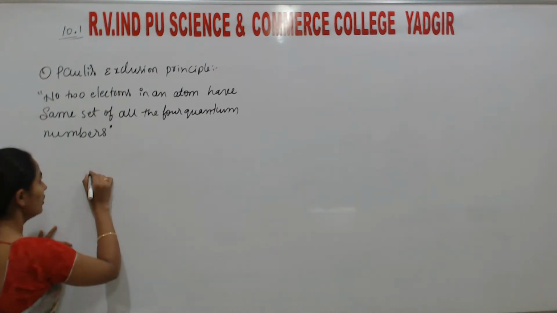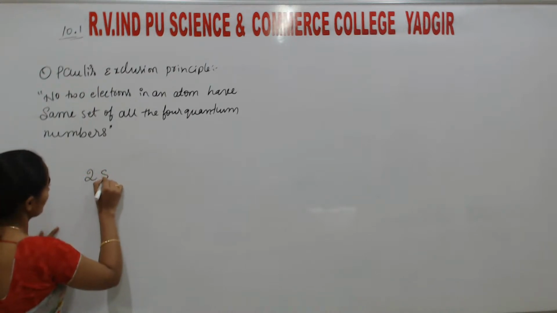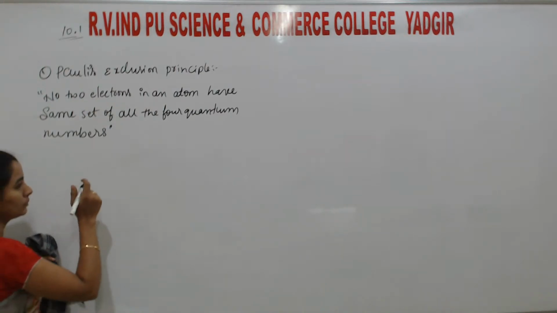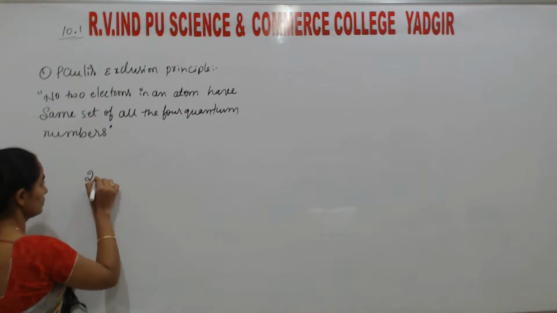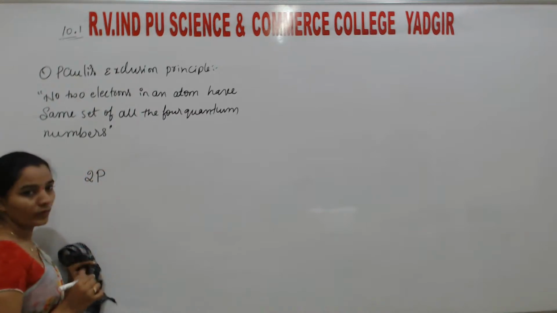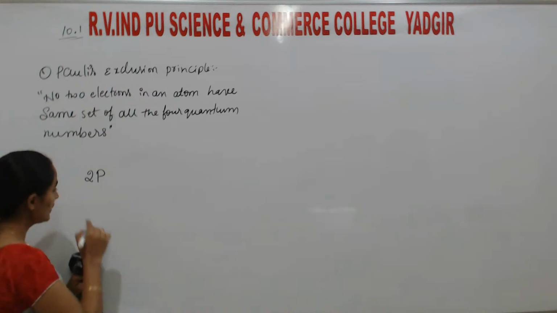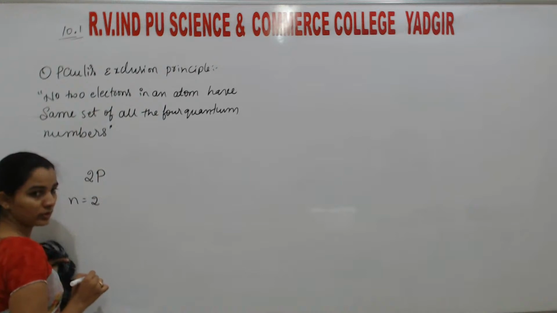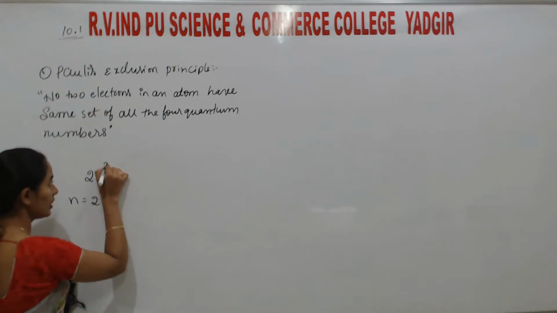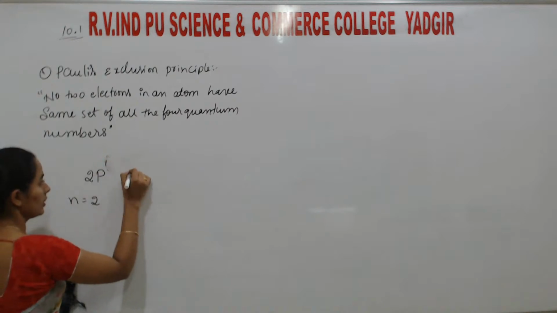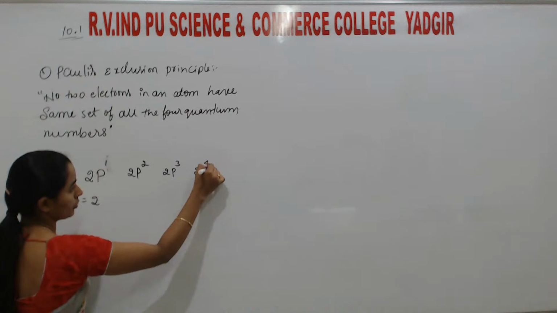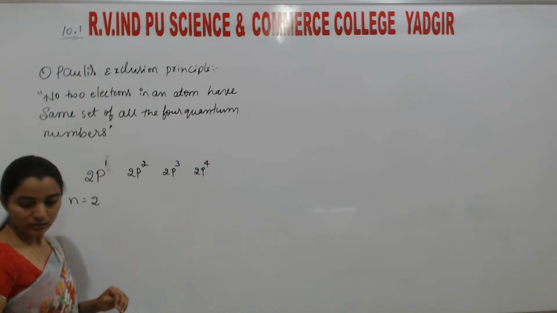For example, take the 2p orbital. In this 2p orbital, the n value is 2. Correct? So here it is 2p1, here 2p2, here 2p3, here 2p4. Understood?